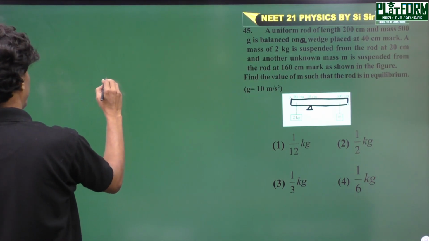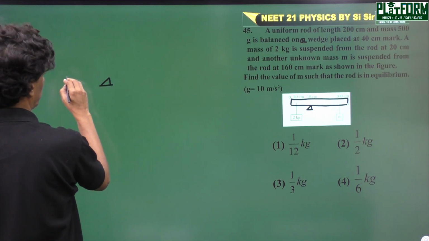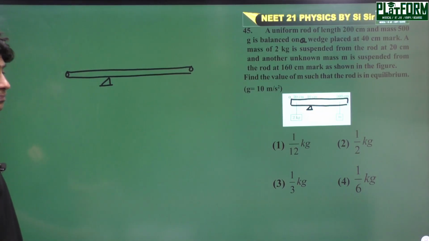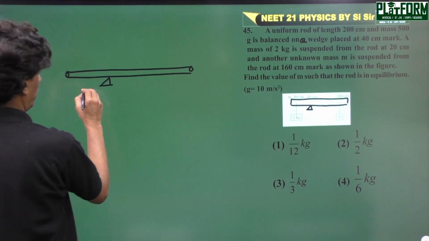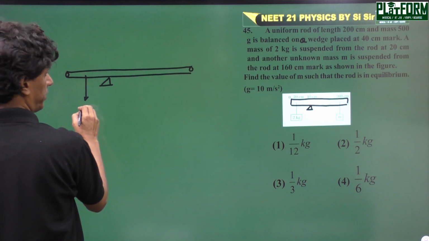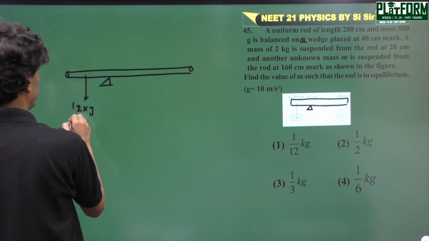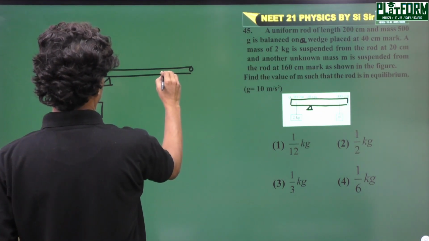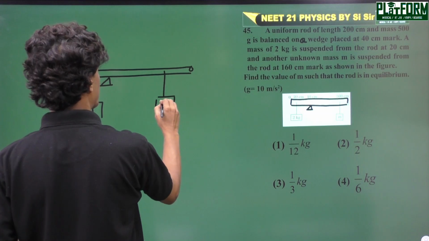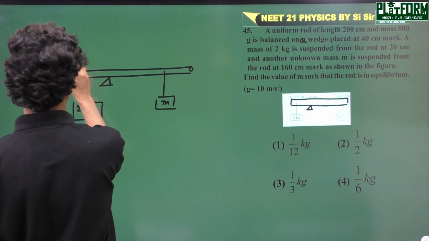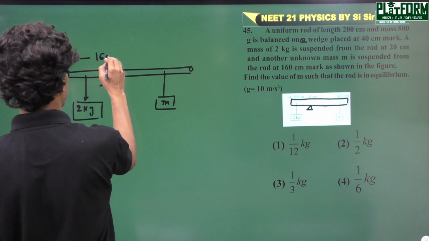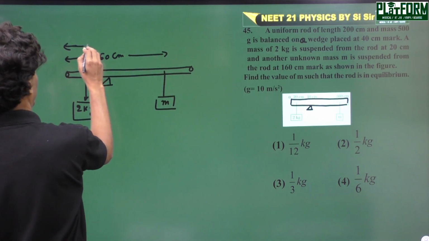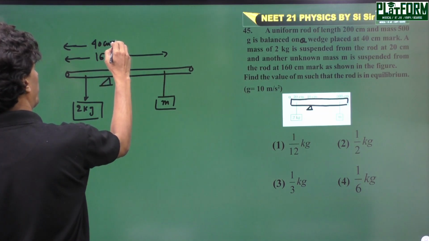In equilibrium, from one end is given 2 kg and it is given mass m, from one end is 160 centimeter and it is balanced at 40 centimeter.